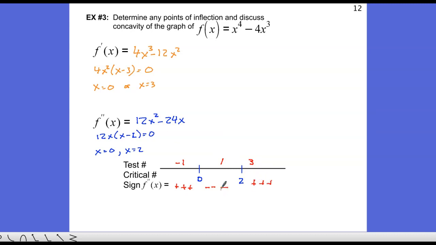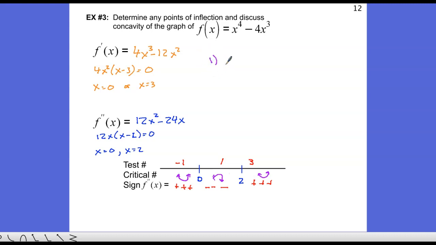Now, what does this mean for concavity? Well, it means that since the second derivative is positive, our graph is going to be concave up in both of these outer regions and concave down here. So here's our conclusion.